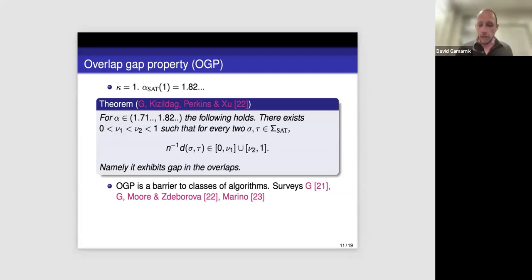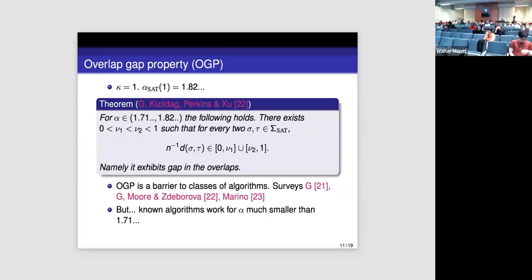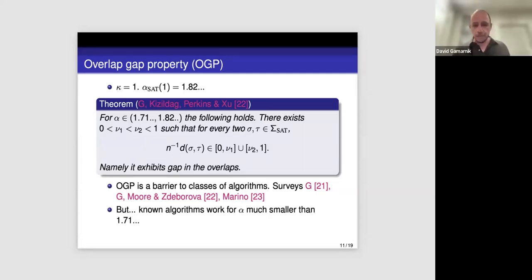For starters, I would say it is easy to verify that the success of these algorithms is for alpha much smaller than this critical threshold 1.71 that we have. But now we want to do a little more, right? So known algorithms work for alpha much smaller than 1.71. Presumably after 1.71, algorithms do not exist. So we want to understand where is the real threshold for the algorithm.